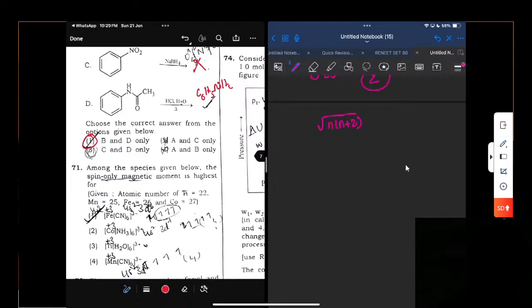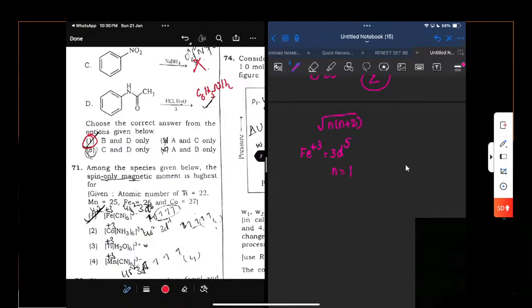If I consider the first one, that is [Fe(CN)6]3-, Fe is in +3 state, which is a d5 configuration, and here we have CN- ligand, which is a strong field ligand. That means it is low spin. So in the presence of a strong field ligand, how will the configuration be? Pairing of electrons takes place. We are left with only n equal to 1 unpaired electron.